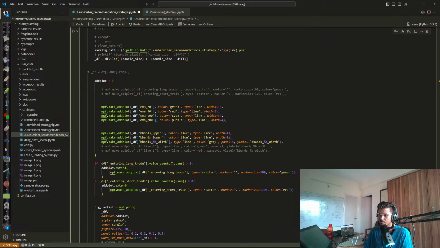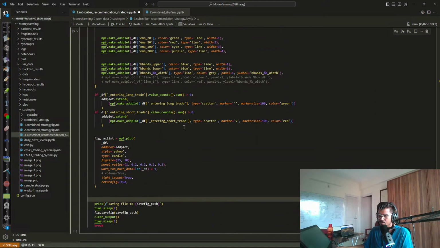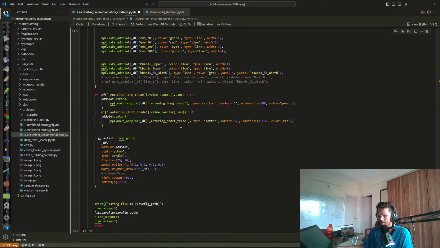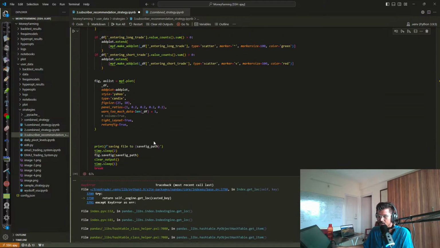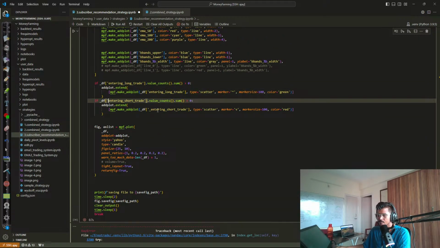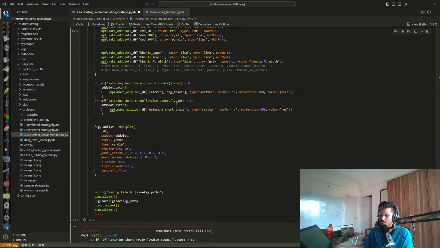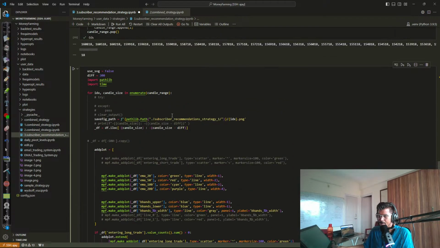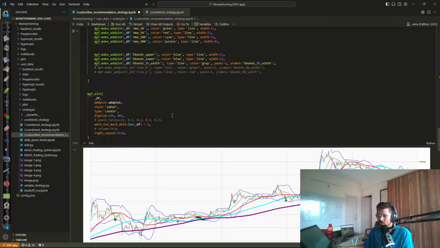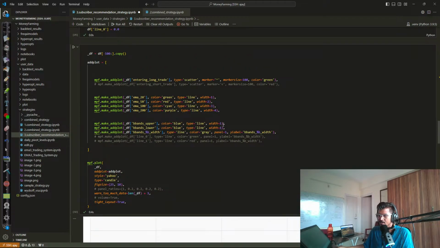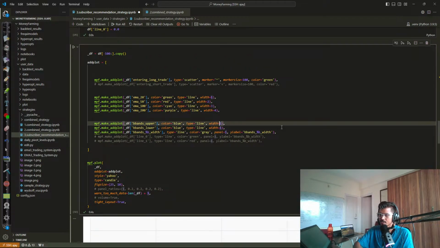Import time. Panel entering long trade. Okay, panel ratio, I only needed one panel. Ah, okay, I think I know what you mean. So panel 1.